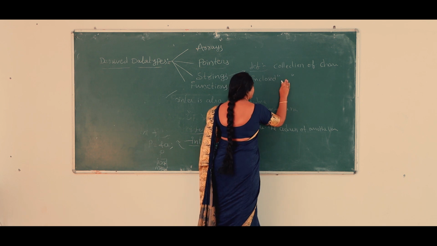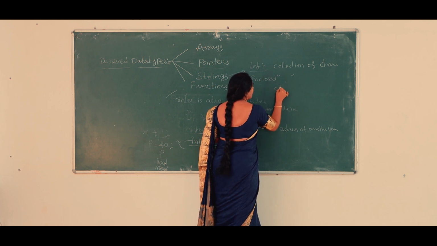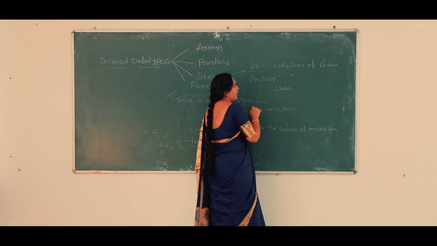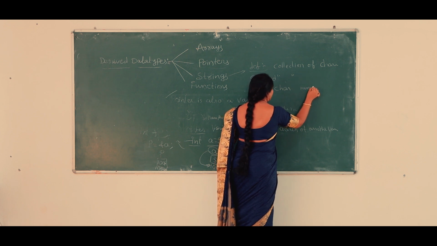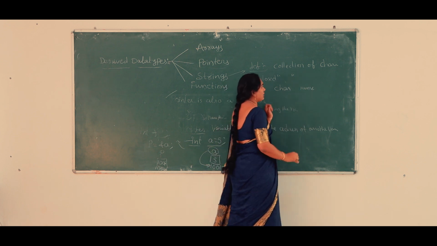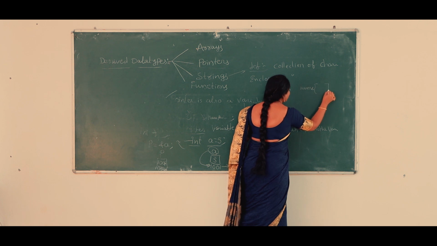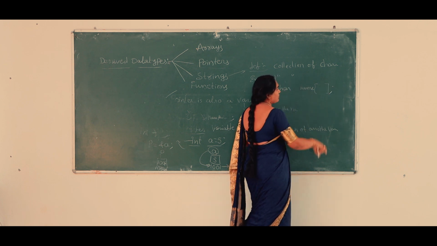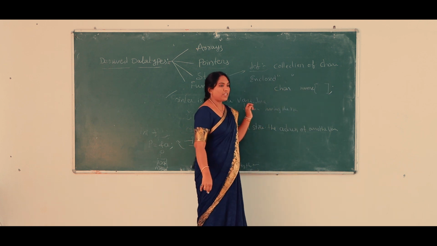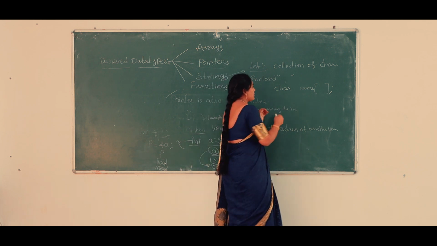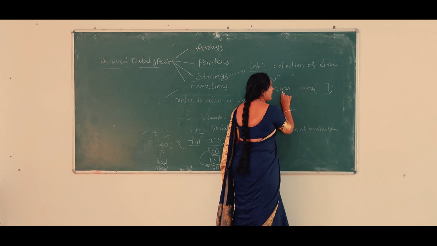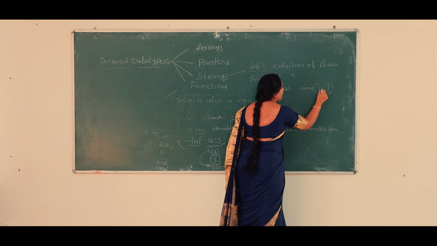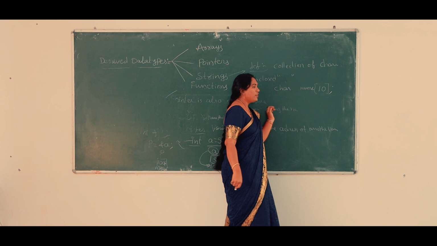For example, I defined a character variable, for example name. This is a character variable. This string can be defined in the form of arrays. I will discuss the string functions in a later class also. Character name of 10.